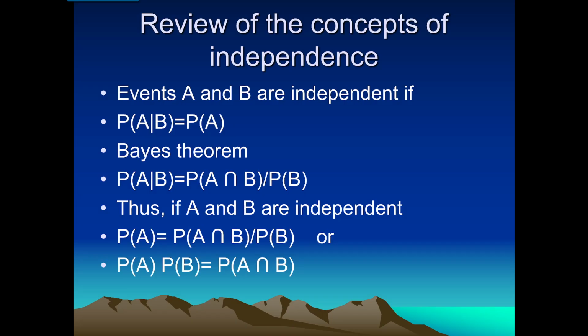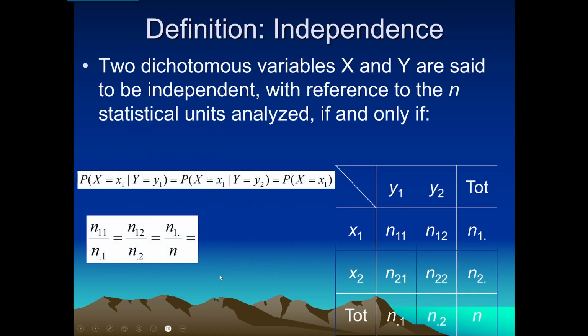This is the basic rule: the probability of the intersection is the product of the probabilities if the two events are independent. Therefore, if the two events are independent, it means that knowing B does not affect A. So you say that the joint is equal to the product of the marginals.